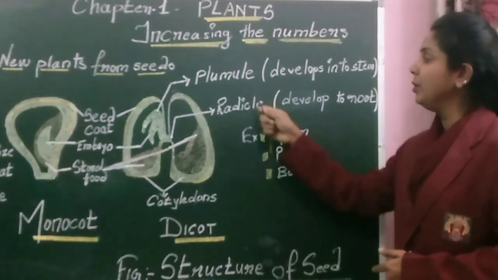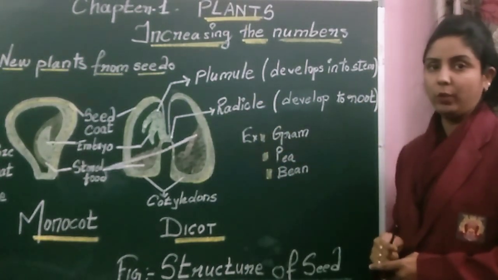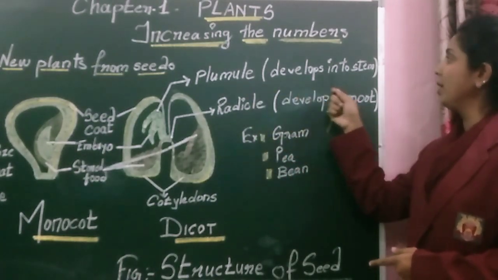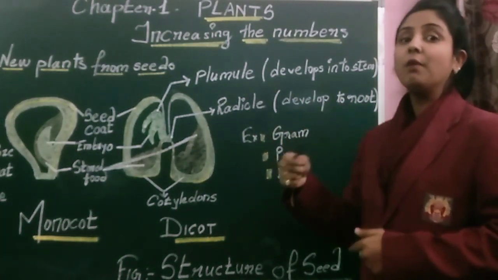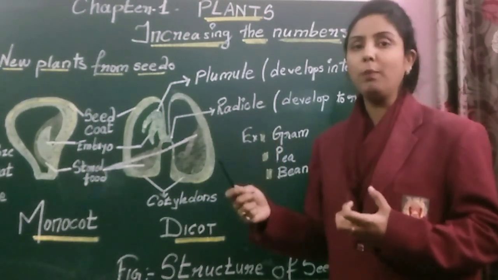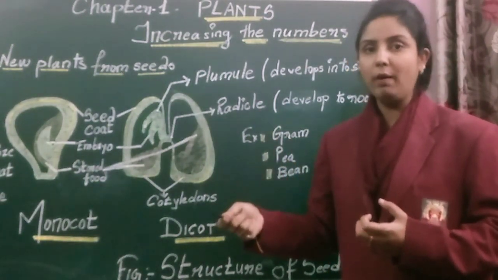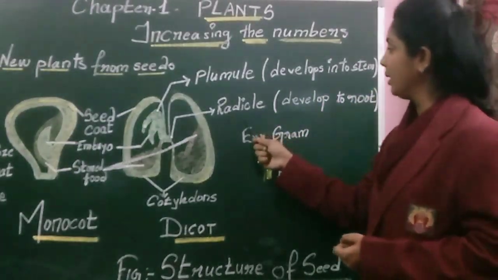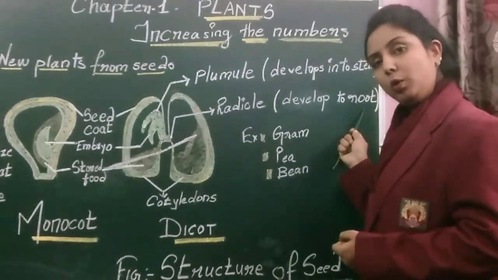Plumule and radicle are new terms for you. Plumule means it develops into the stem. Later on, when it germinates into a whole plant, when we put it into the soil, the plumule develops into the stem, whereas the radicle develops into the root.